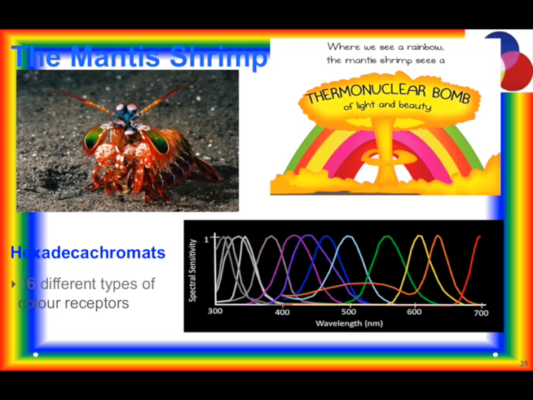Very cool to think about, and we don't even know how to color all of these cones. We don't know what color to give them. They don't have color for us. So the mantis shrimp is the winner in our world that we know so far with being able to see color.